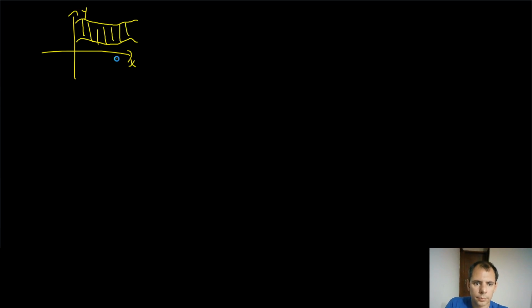Now, let's just say that you have something like this. You've got some kind of laminar thing here, a metal plate like this. This is g of x and this is f of x.